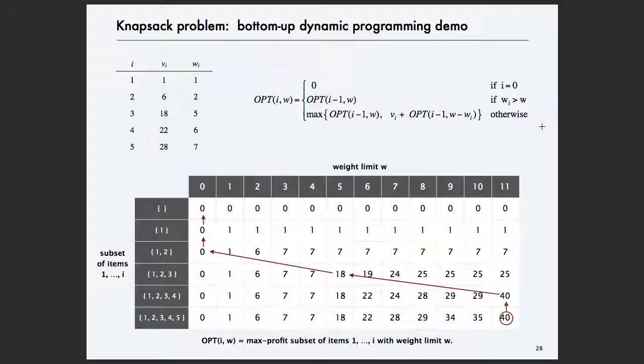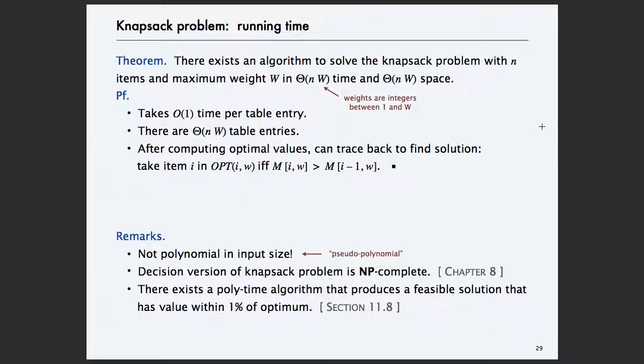Is this better than 2 to the I? Sorry, I times W. Is it better than 2 to the I? Depends on W. Depends on W with respect to I. So, maybe. In fact, this is called pseudo-polynomial time.